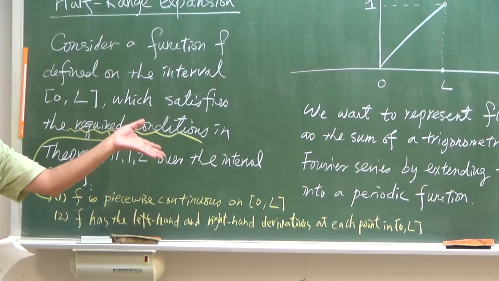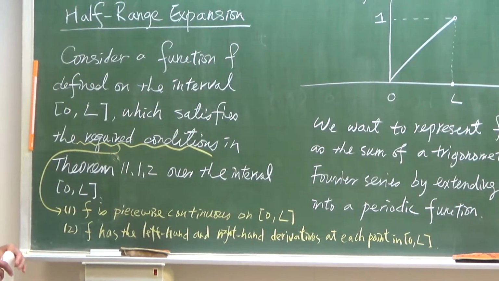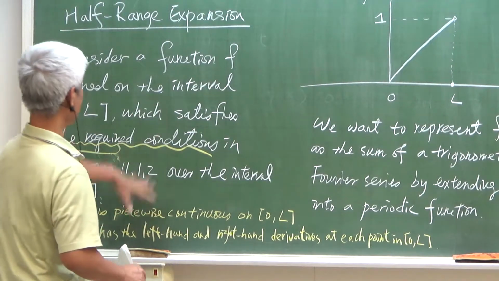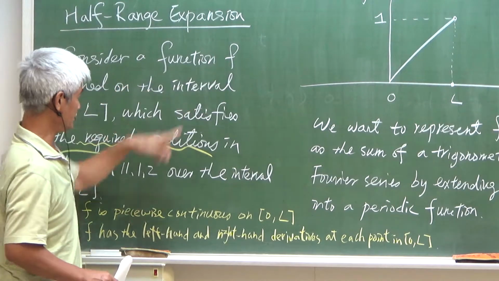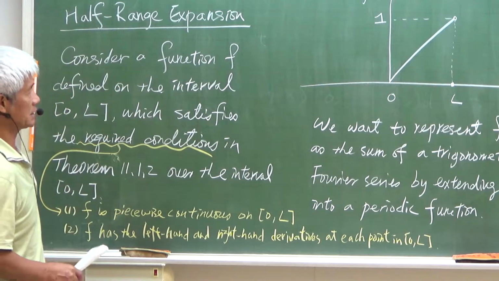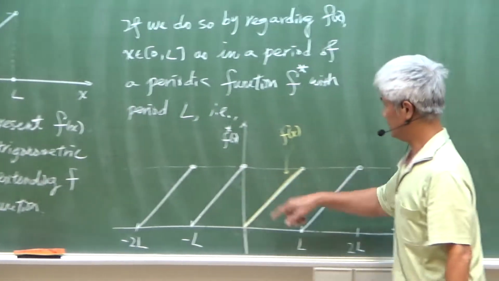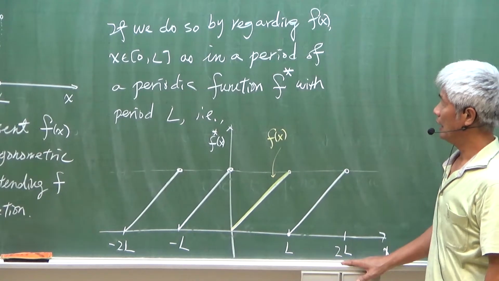Because both functions are simple, I think it's quite easy for you to verify. And here, I just assume that this particular function satisfies these two conditions, so that you get the idea.